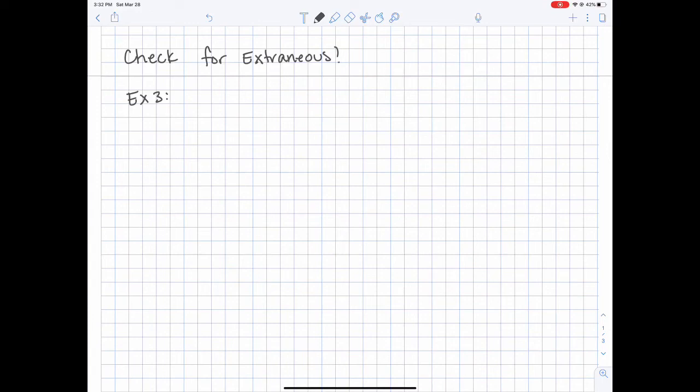So on this example, I'm going to skip a line for some room, 9 over x minus 2 plus 6x over x plus 2 is equal to 9x squared over x squared minus 4.